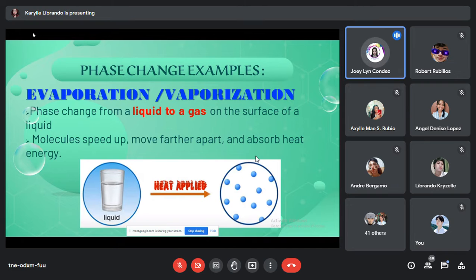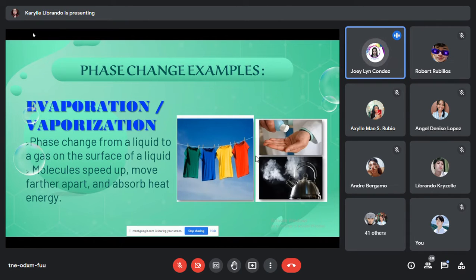Okay, let's have more examples of evaporation or vaporization. Like drying of clothes. After washing, you hang them, then later on they become dry. The main reason why the clothes become dry is because of evaporation of this phase change.